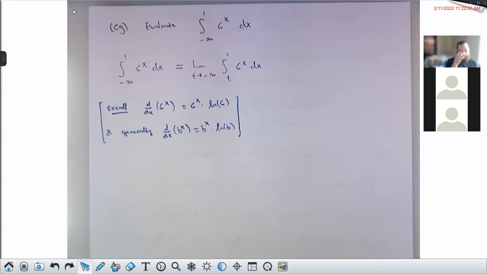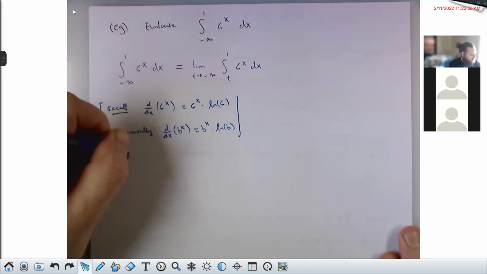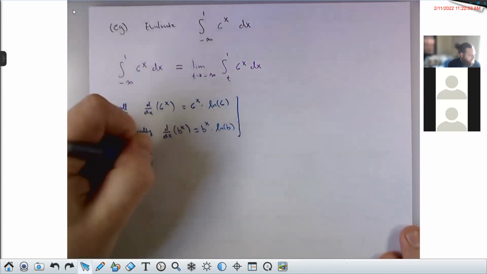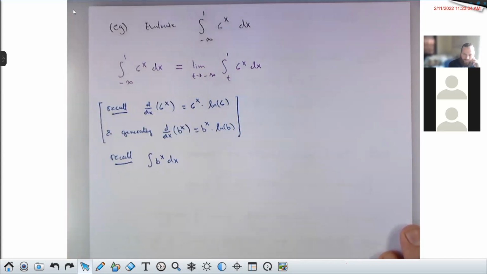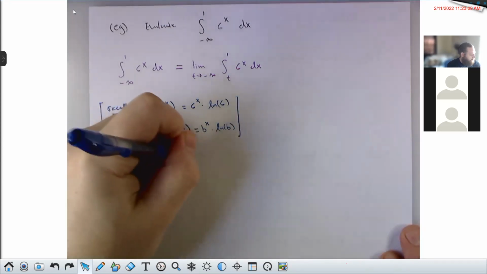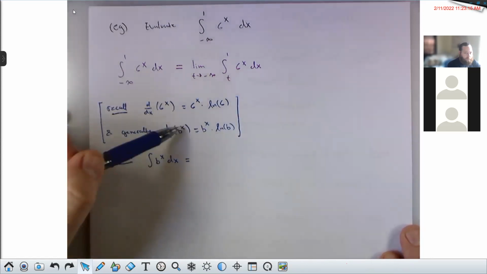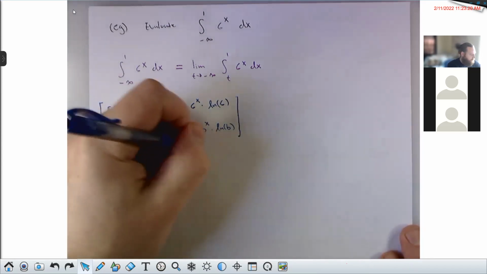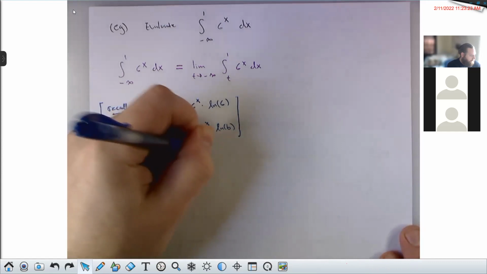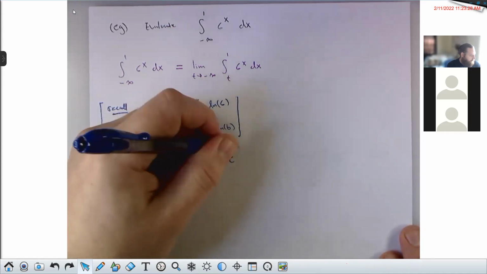And a consequence of this is that the antiderivative of b to the x dx, like if I'm thinking of an integral without bounds, we kind of need to undo this process, right? And since the natural log of b is a constant, this would be b to the x divided by the natural log of b plus a constant.